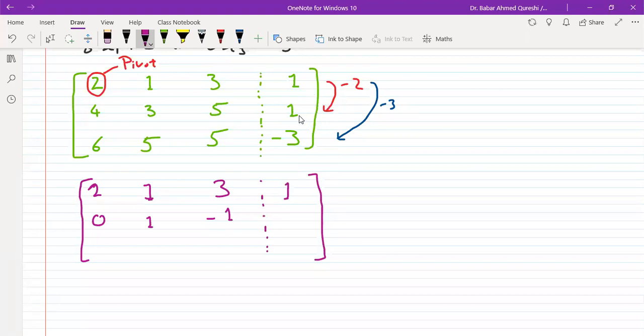Then -2 plus 1, I get a -1. In the third row, I get 0 here by construction, and here I multiplied with -3, added to 5 to get a 2. Then -9 plus 5 gives me a -4, and -3 plus -3 gives me a -6.